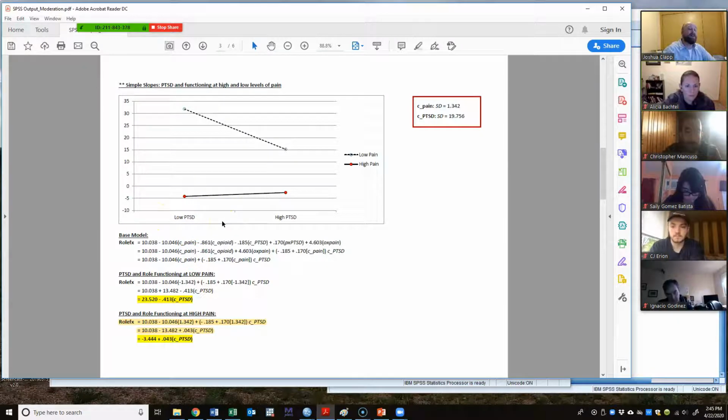So this is important to be thinking about, what this actually means, right? For people with low levels of pain, yeah, as your PTSD gets worse, your functioning decreases. But if I'm already dealing with high levels of physical pain, I don't know, add PTSD, don't add PTSD, it doesn't matter, because my functioning is just at bottom levels no matter what, okay?